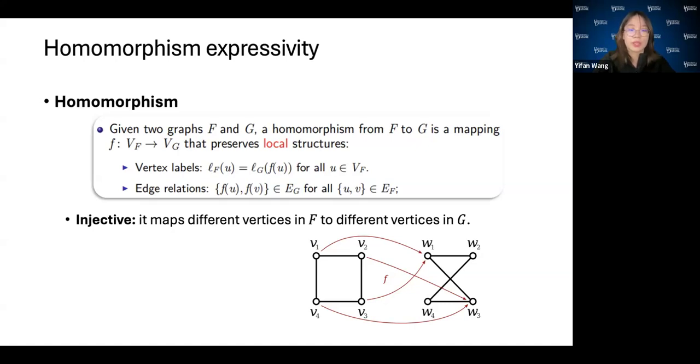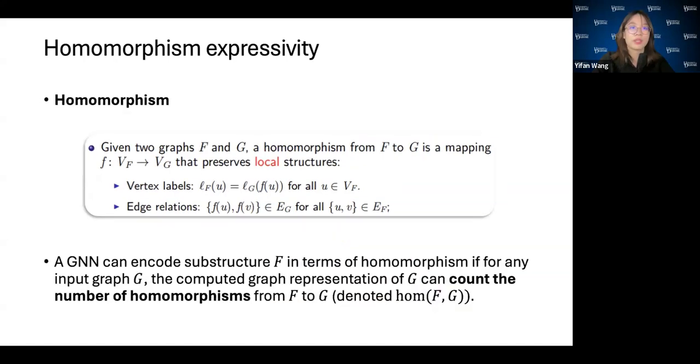For edge relation, V1 maps to the node W1 and V2 maps to the node W3. There is an edge between V1 and V2, and we can see there is also an edge between W1 and W3. So this is a valid structure preserving mapping. This is a homomorphism.